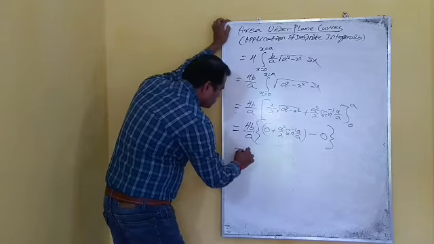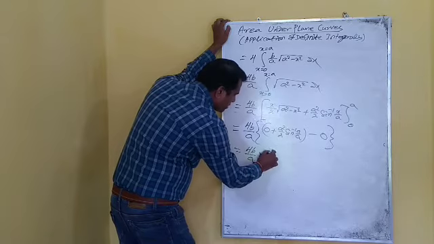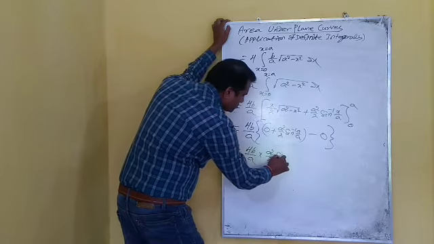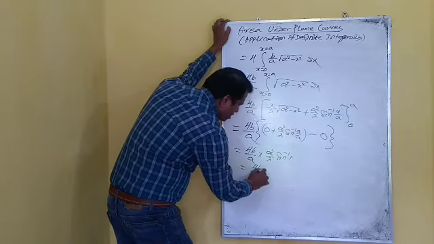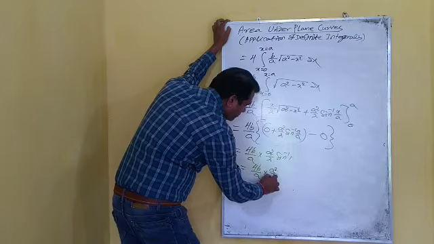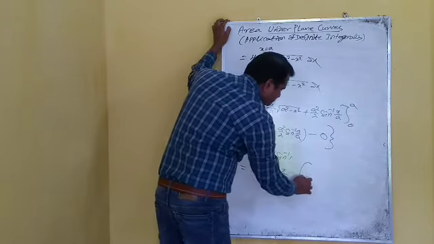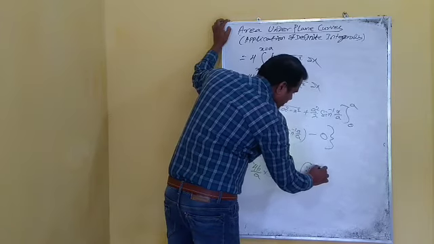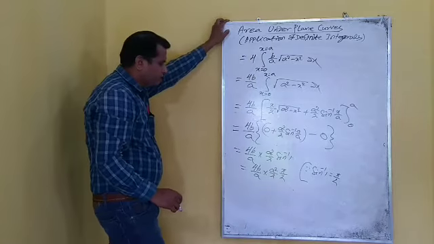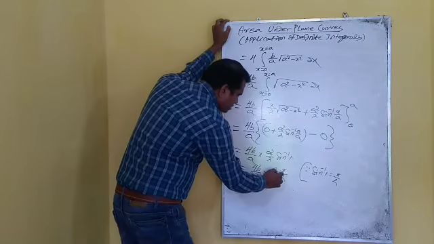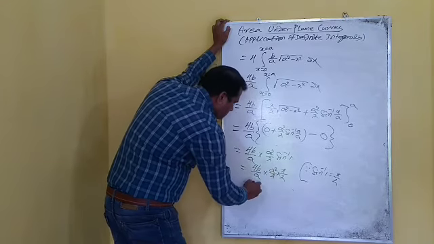That is 4b by a into a square by 2 sin inverse 1, that is 4b by a into a square by 2 into pi by 2. You know sin inverse 1 is equal to pi by 2, that means sin pi by 2 is equal to 1. So here we cancel 4, that remains pi ab.